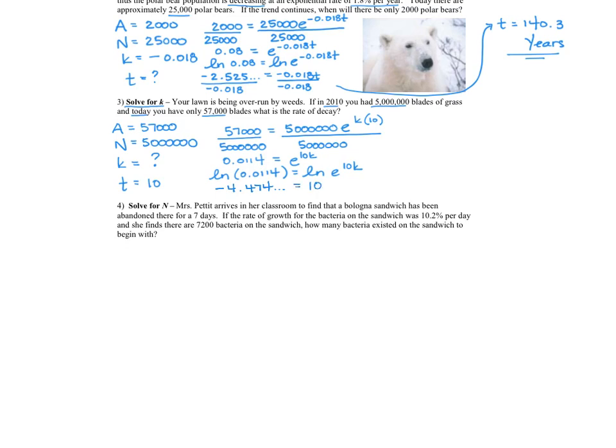Pulling the exponent out front and knowing that the natural log of e is 1, dividing both sides by 10 leaves me with a value for k of negative 0.447, which means that the blades of grass in my lawn are decreasing by 44.7% each year.